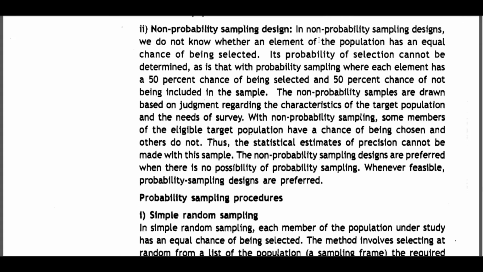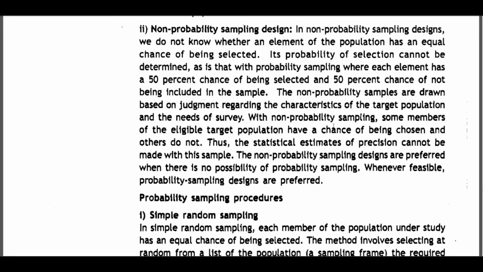Non-probability sampling design. In non-probability sampling designs, we do not know whether an element of the population has an equal chance of being selected. Its probability of selection cannot be determined, unlike probability sampling where each element has a known chance of being selected. Non-probability samples are drawn based on judgment regarding the characteristics of the target population and the needs of the survey.